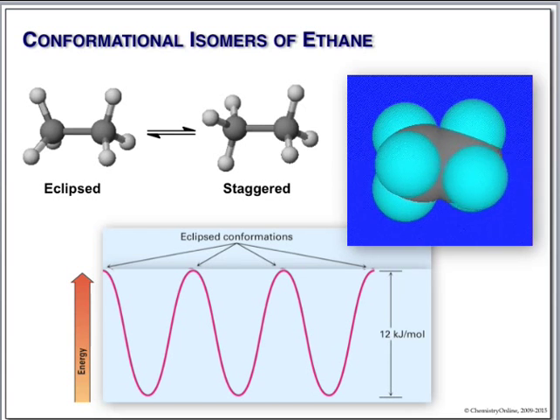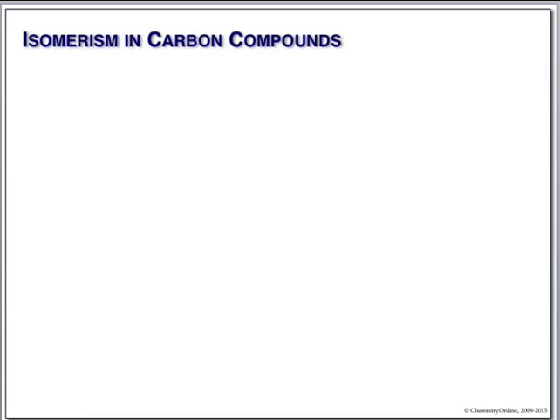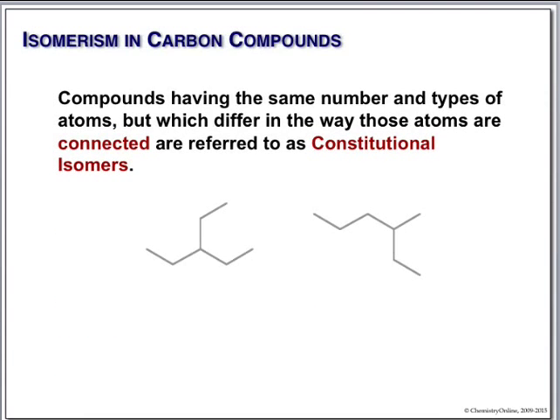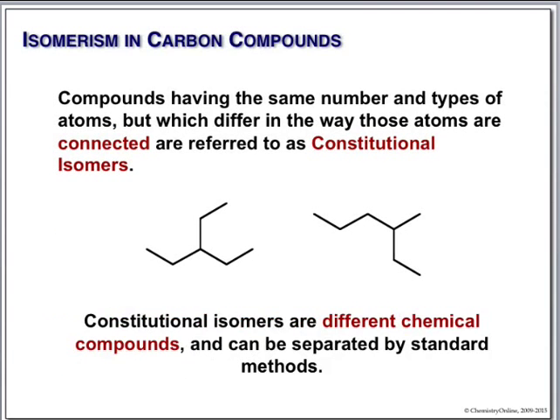Now, there are other types of isomers in organic chemistry, but these are fun. And these are called constitutional isomers. If we look at these 2 guys, here we have 1, 2, 3, 4, 5 carbons in our parent chain and a 2-carbon side chain. Here we have 1, 2, 3, 4, 5, 6 carbons in our parent and a 1-carbon side chain.